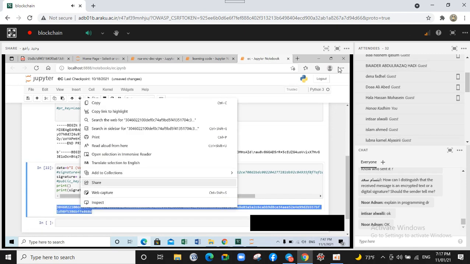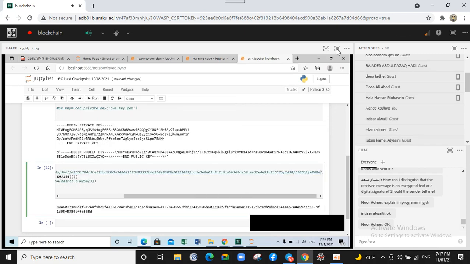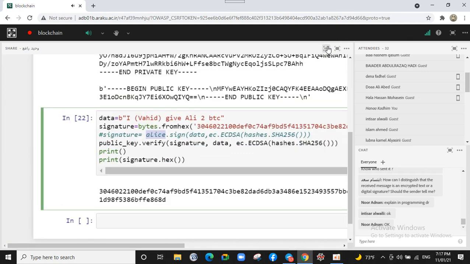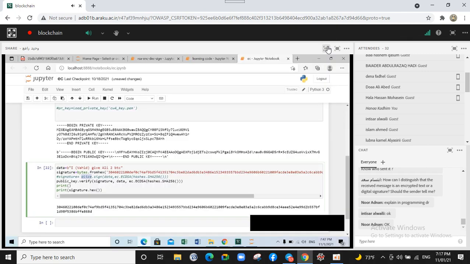Now I copy it, put it here, and this time I verify it. I don't want to create it again. How? Using the public key. Please note, for creating a signature I use the private key, but for verification I use the public key. The public key is in this part.